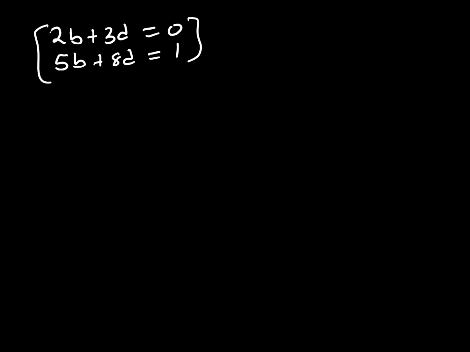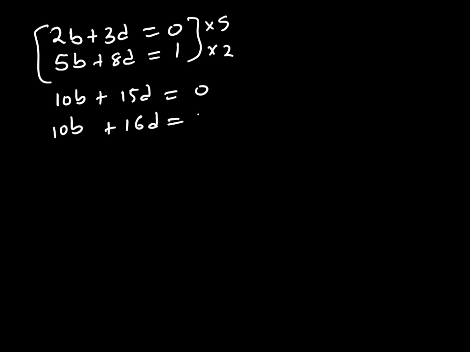Still, to eliminate b, you multiply by 2 and multiply by 5. Let's multiply. 2 times 5 is 10b, 3 times 5 is 15d equals 0. Then this is 10b plus 16d is equal to 2. Do the math, subtract.